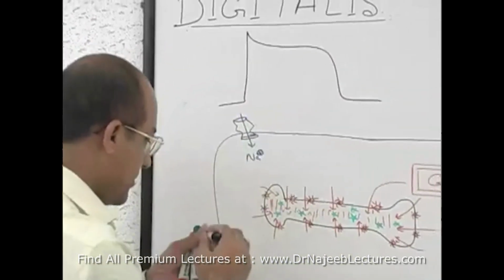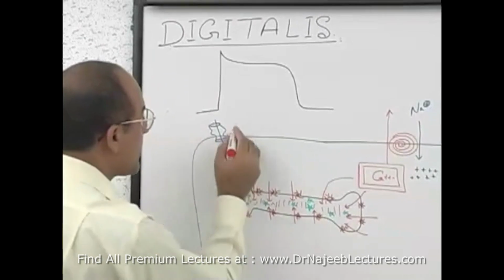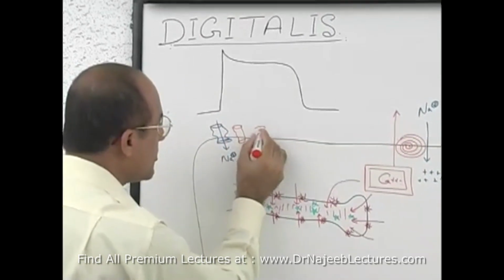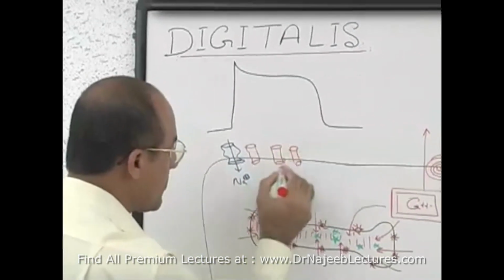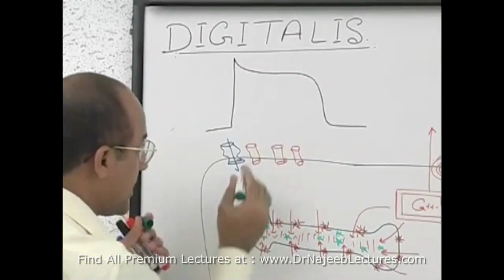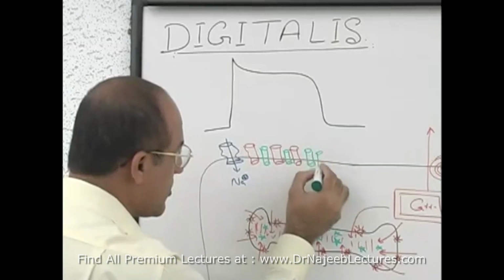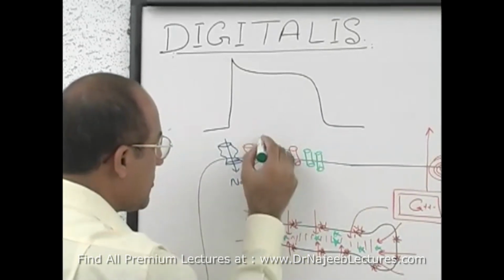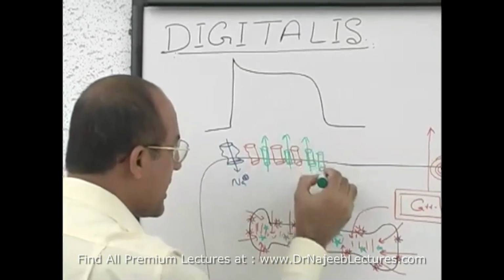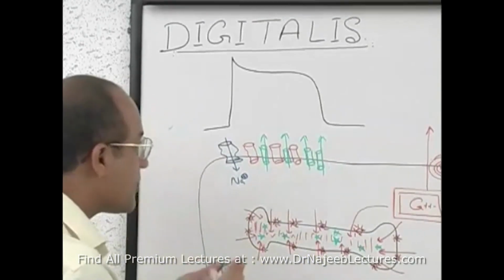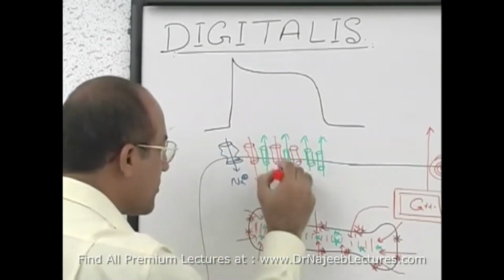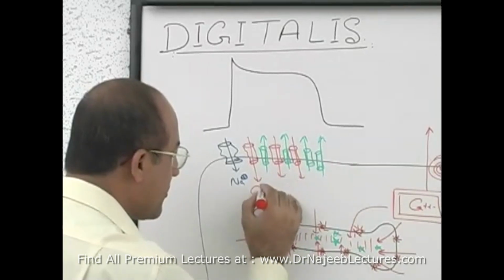Sodium comes in, then it is followed by the plateau phase. Potassium is going out and calcium is coming in. What is this calcium? Extracellular calcium.